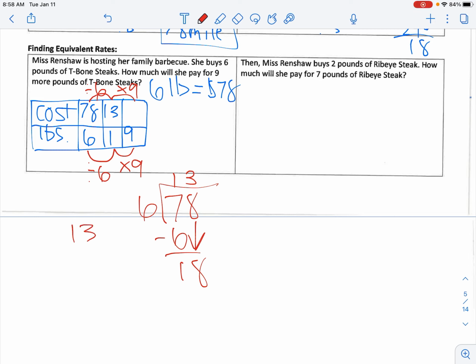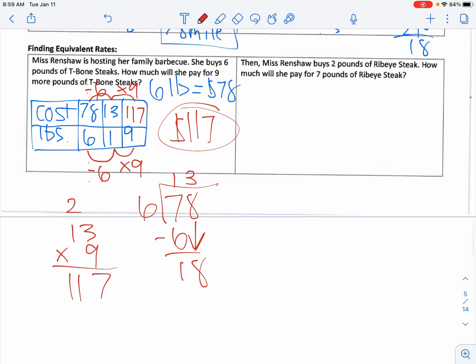I'm going to do that right here. 3 times 9 is 27. 9 times 1 is 9. Plus 2 is 11. So we get 117. So that means I will pay $117 for 9 pounds of T-bone steaks. Okay.